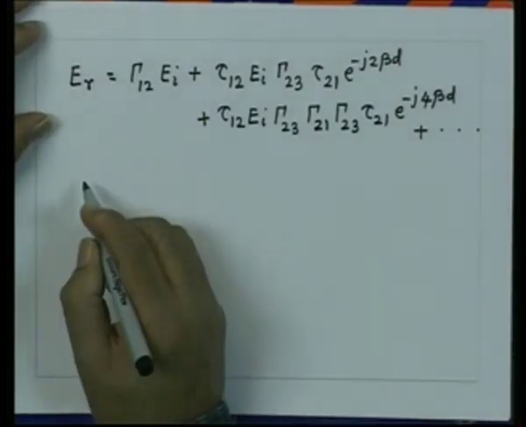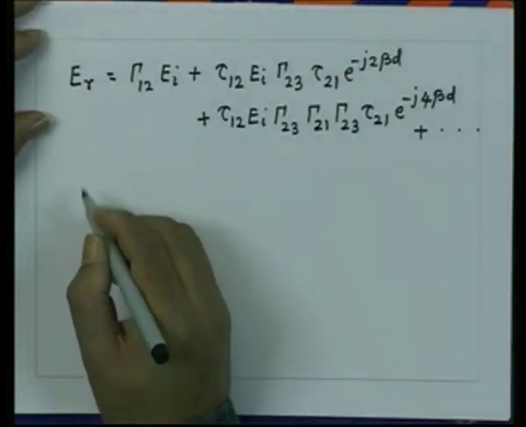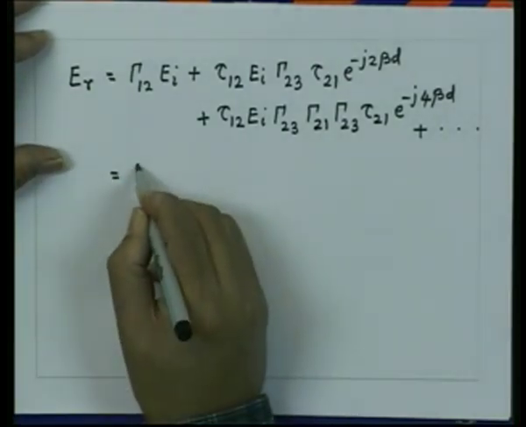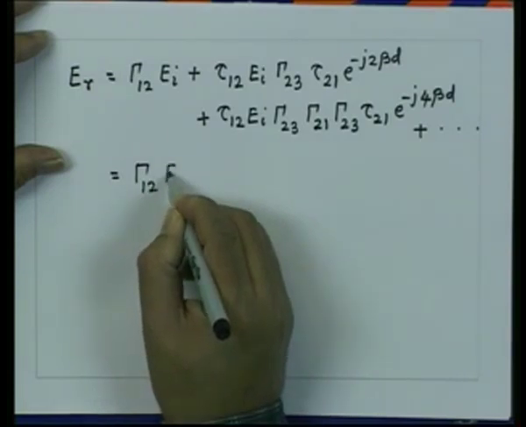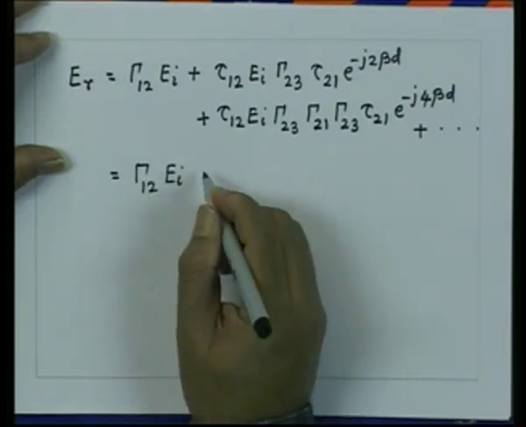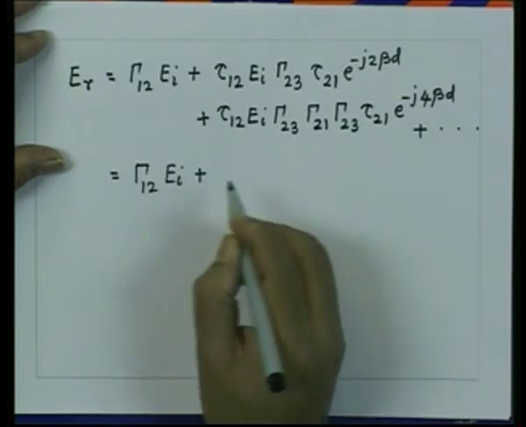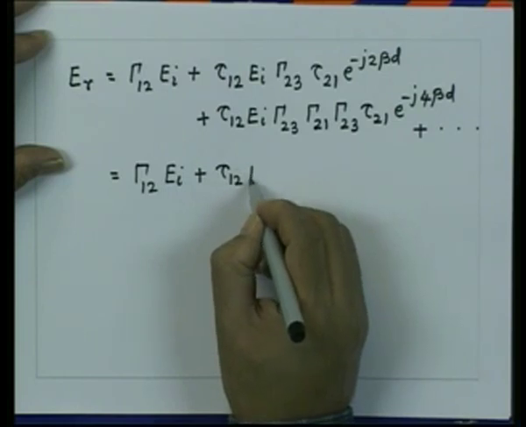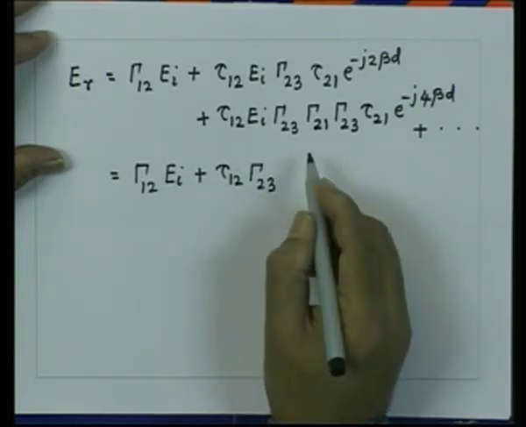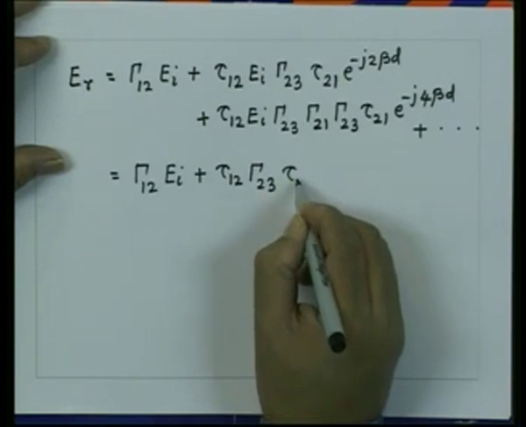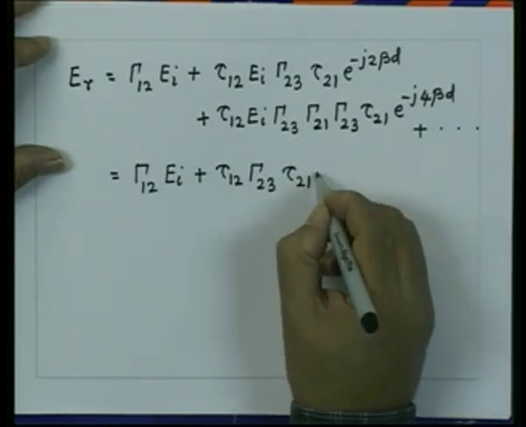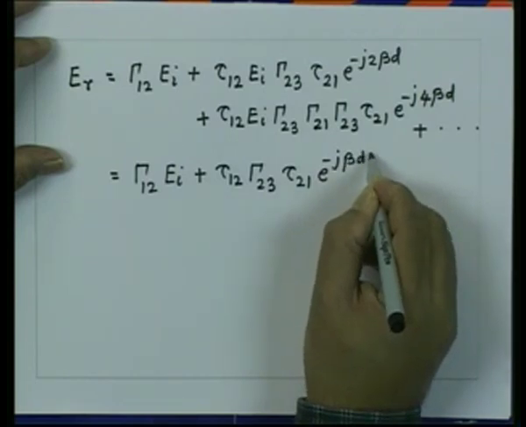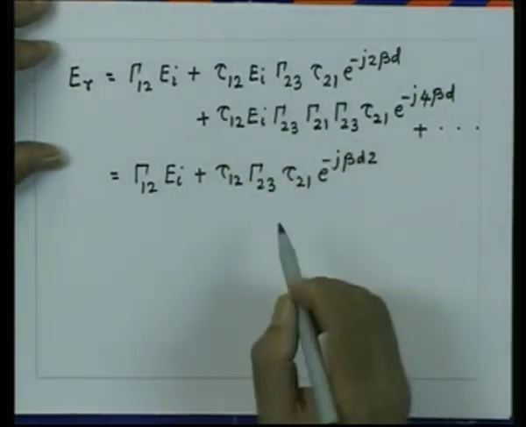So, we can write down now the reflected wave E r, that is gamma 1 2 E I plus tau 1 2 gamma 2 3 tau 2 1 e to the power minus j 2 beta d, and the summation of the geometric series which we get.